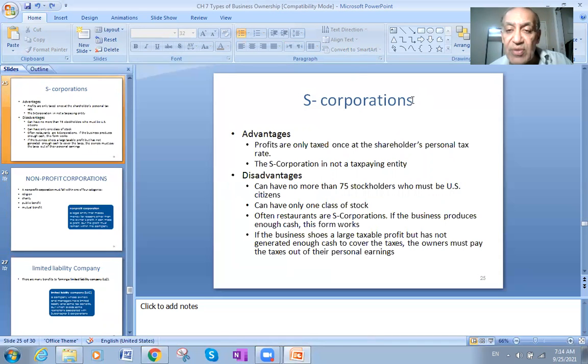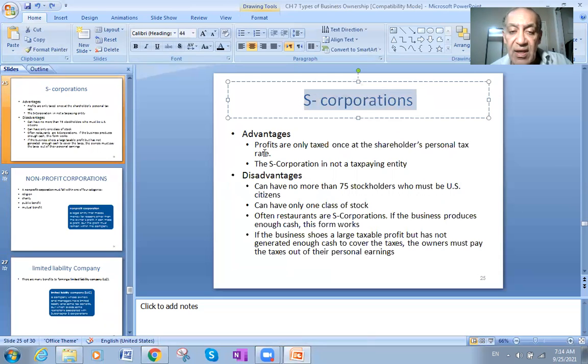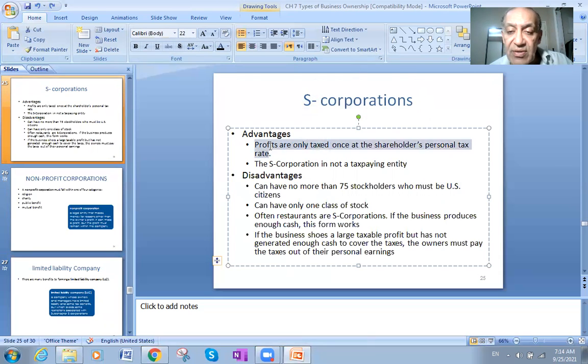So the S corporation's advantages: profits are only taxed once at the shareholder's personal tax rate. The S corporation is not a tax-paying entity. The disadvantages of this kind of corporation: it can have no more than 75 stockholders, who must be US citizens.